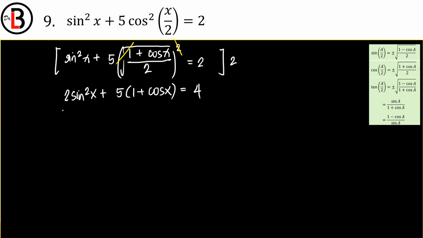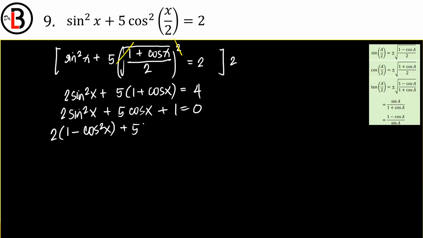So let's fix this first. That's 5 cosine x. 5 minus 4 is 1. But this is sine squared, this is cosine squared. Maybe we can change this one, Pythagorean identity. This one is 1 minus cosine squared plus 5 cosine x plus 1 is 0.